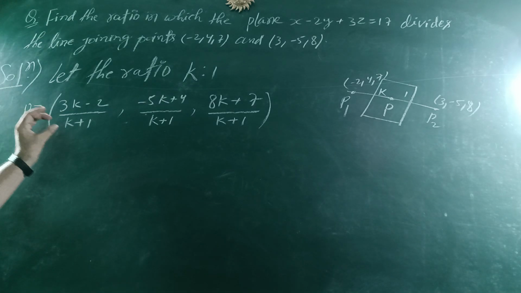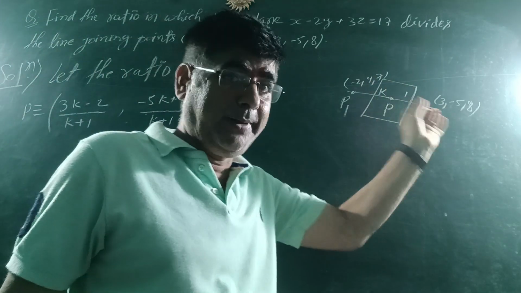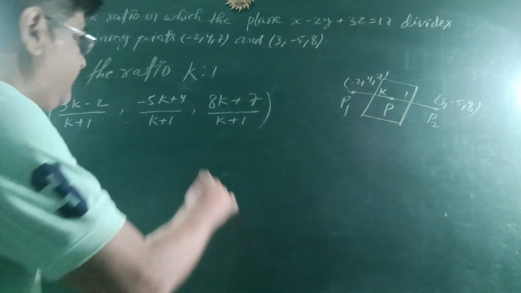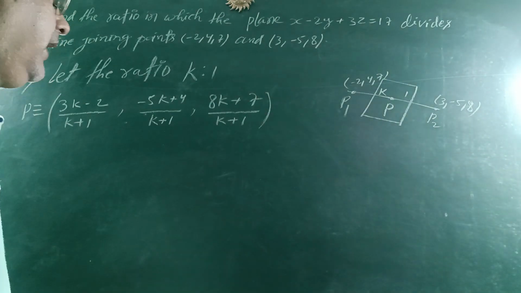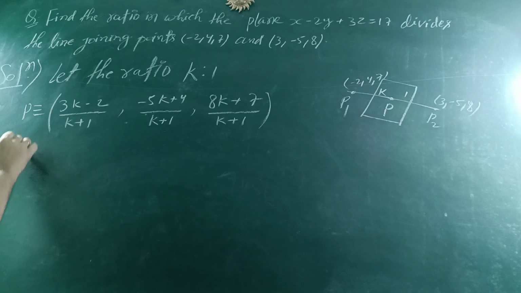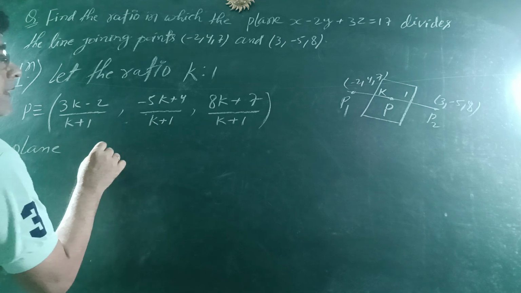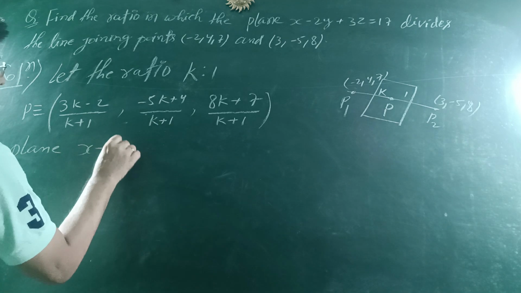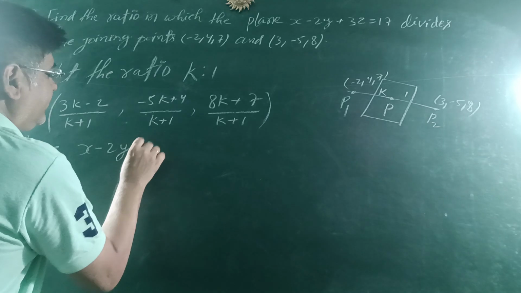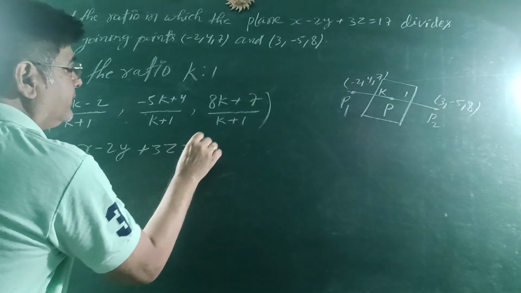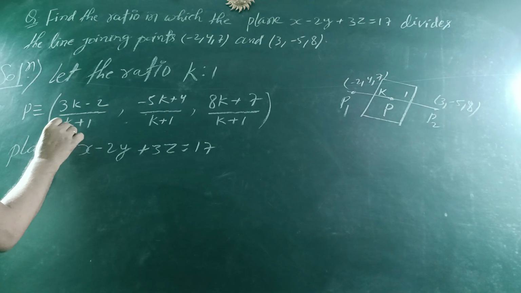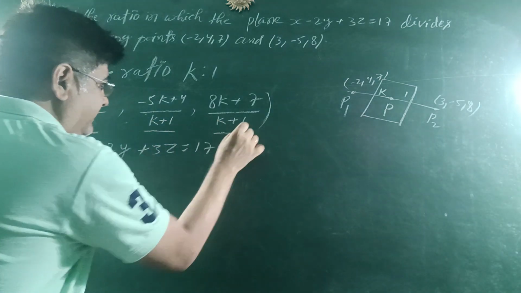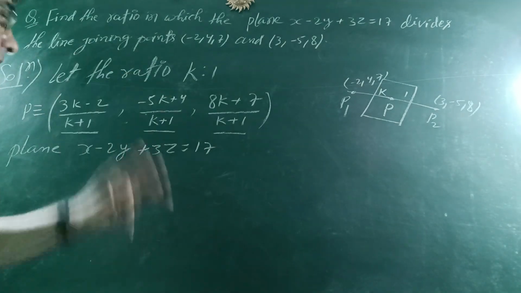Now, this point lies on the plane, so it means this point satisfies the given plane x minus 2y plus 3z is equal to 70. Put the values of x, y and z, and find the value of k.